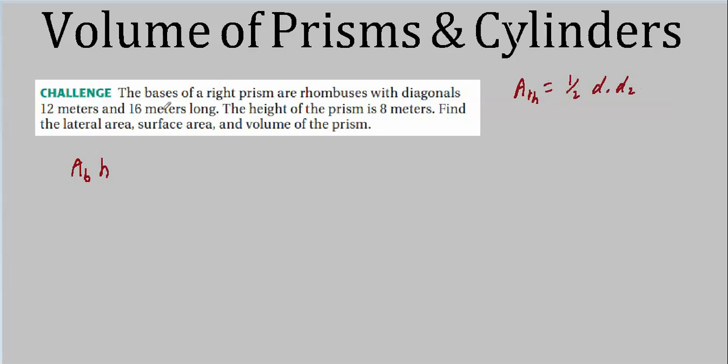In this case, the area for the base, which is a rhombus, is going to be 1/2 times 12 times 16. The height of the prism is 8 meters.